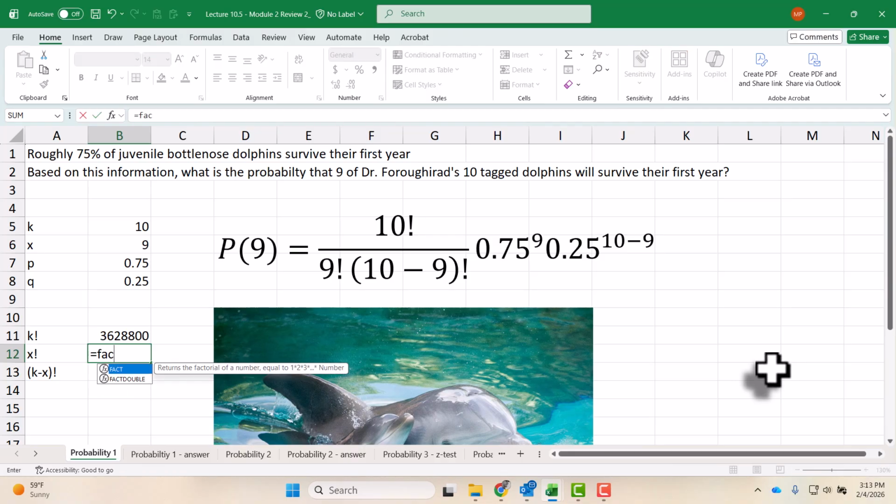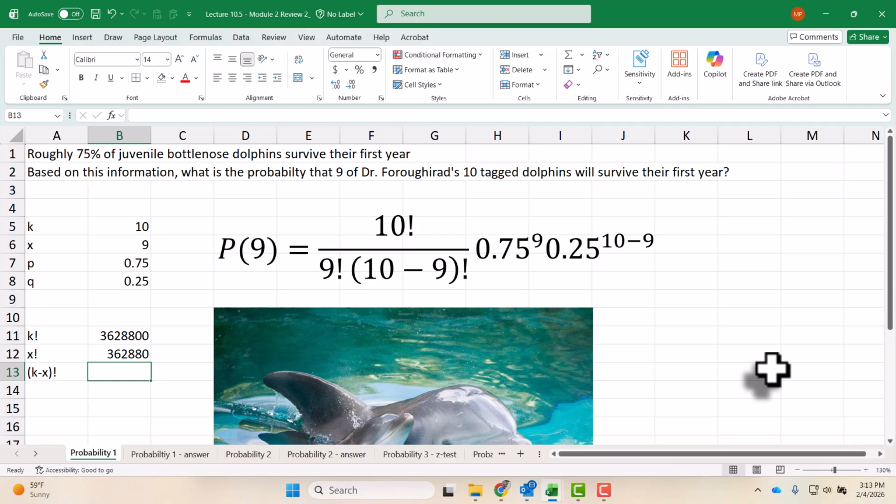For factorial of x, we're looking at the factorial of 9. For the factorial of k minus x, we're looking at the factorial of 10 minus 9. And now we can calculate our left side of the equation by taking our numerator and dividing it by our denominator.